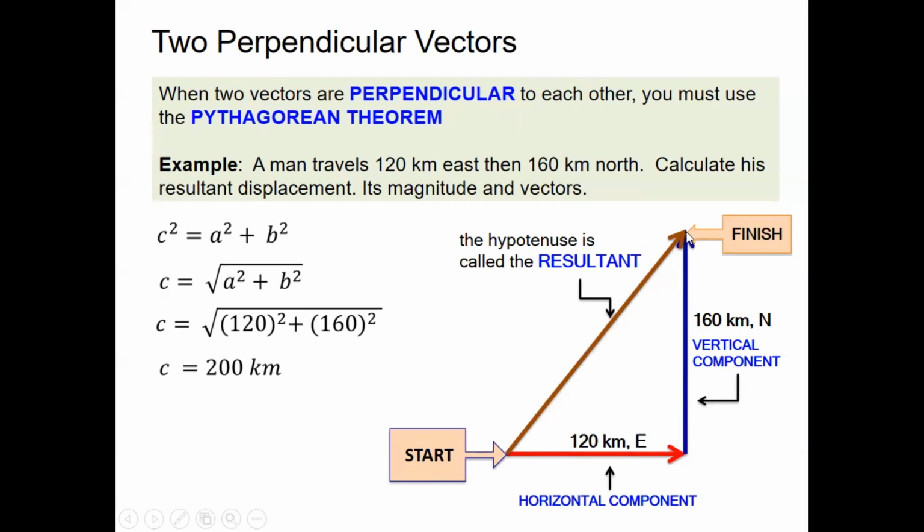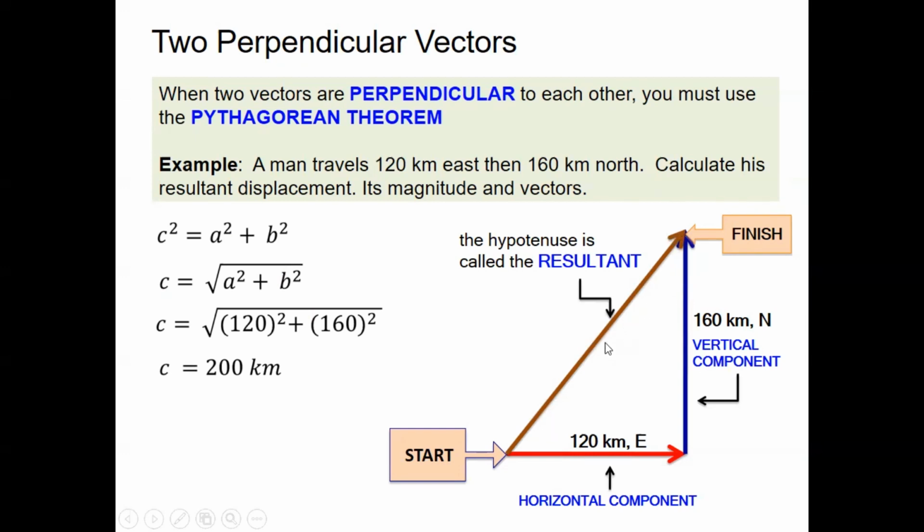Then he finishes here. Then from start to finish, this is the resultant vector. The hypotenuse is the resultant vector, and the vector is starting from the tail of the first to the head of the second, and this is the direction.